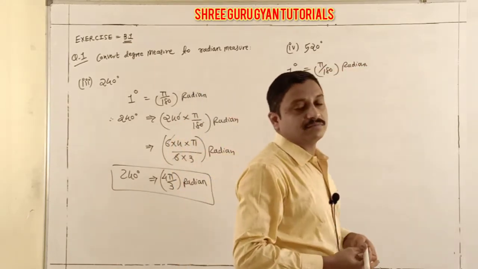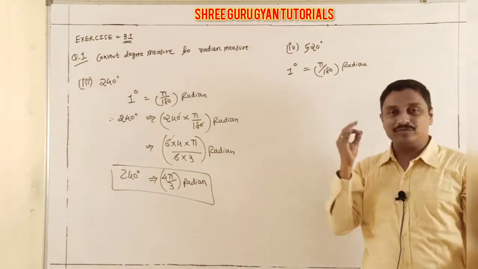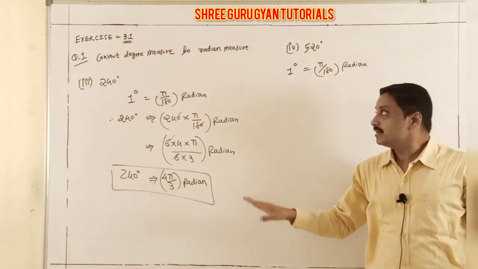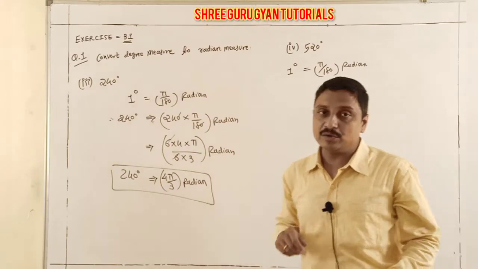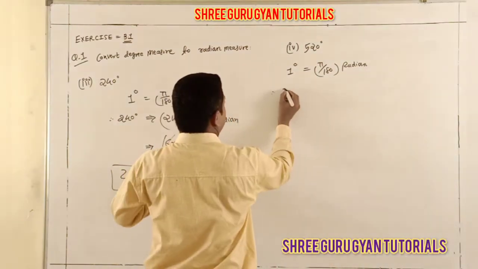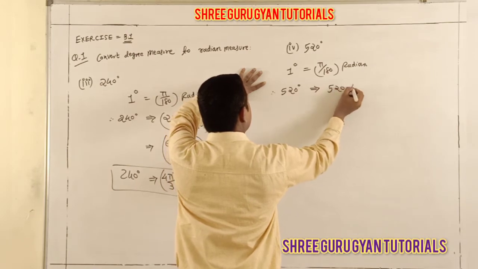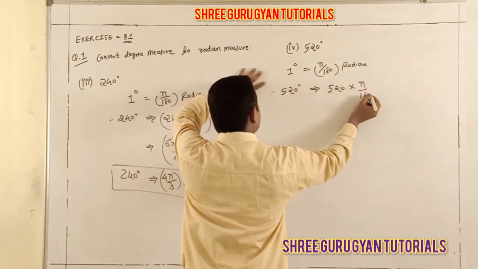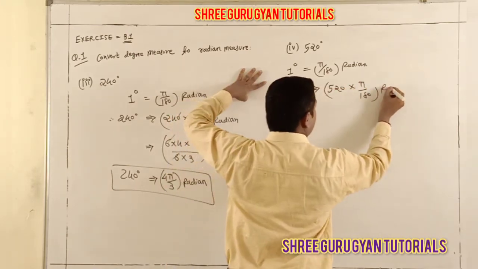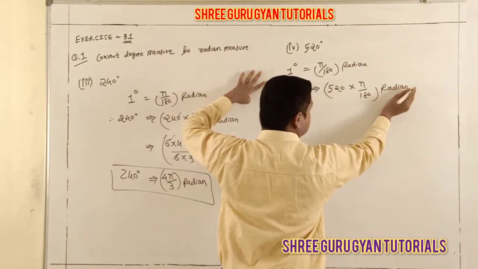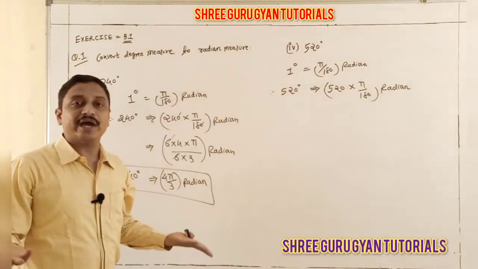Students, every time we utilize this one standard form. It's very easy, and going to that, putting the value. So 520 degree is equal to how much? 520 into pi by 180 radian. I hope you understood very easily.